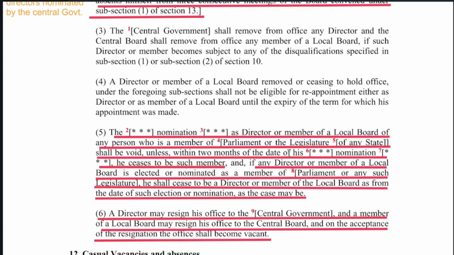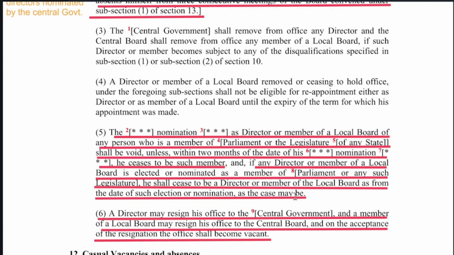Moving further, if any director or member of a local board is elected or nominated as a member of parliament or any such legislature, he shall cease to be a director or member of the local board as from the date of such election or nomination, as the case may be. So now the thing is being talked about the other way around.